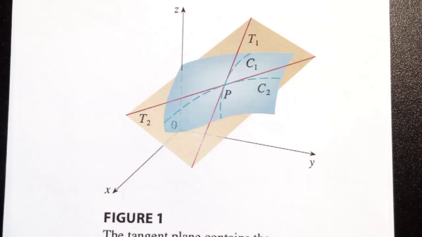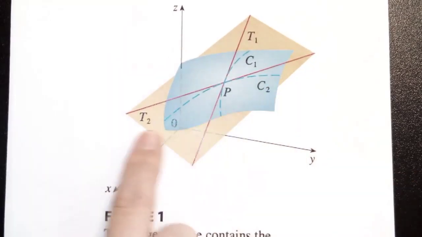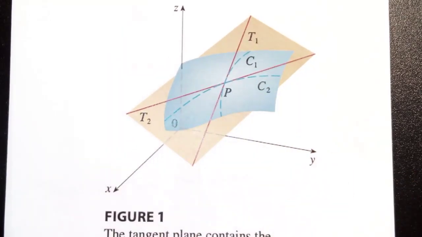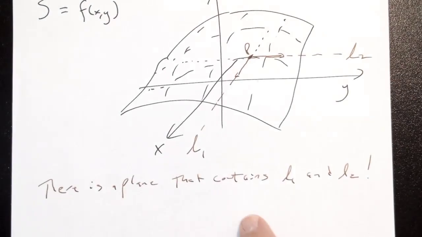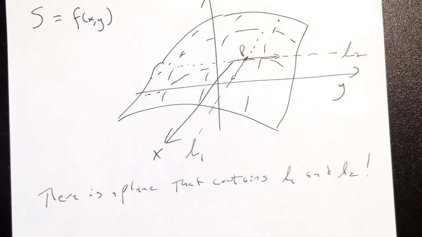And line 1 is tangent to that curve. And then we get C2, which is the curve we get going in the Y direction. And line 2, well, they've written T2, is tangent in that direction. And if I take those two lines, they make this yellow plane that is tangent to my surface. This plane that we've described is tangent to my surface.